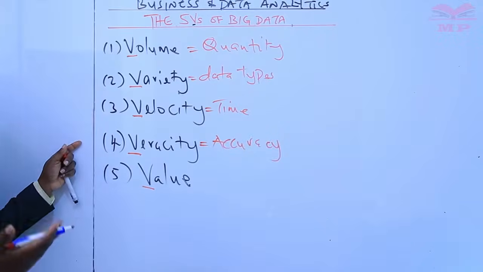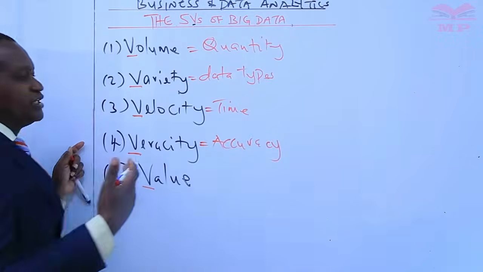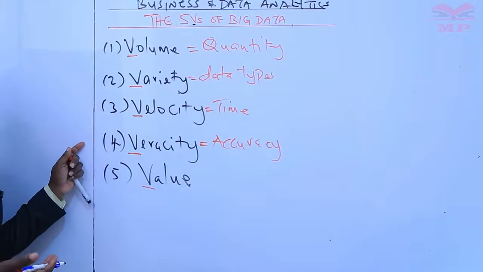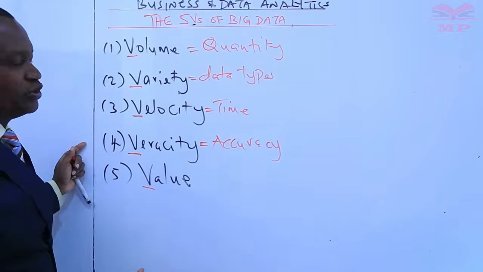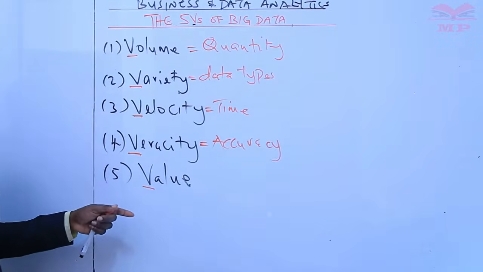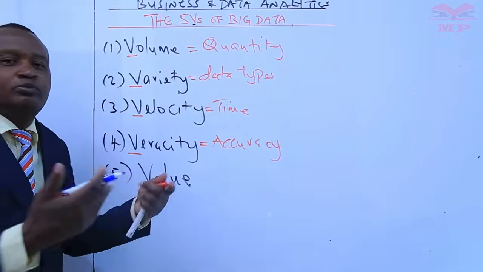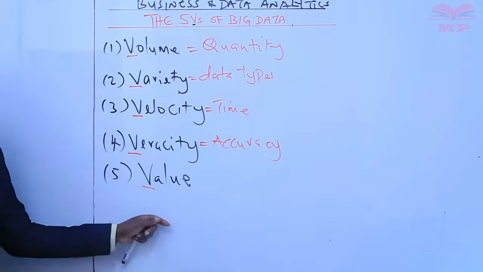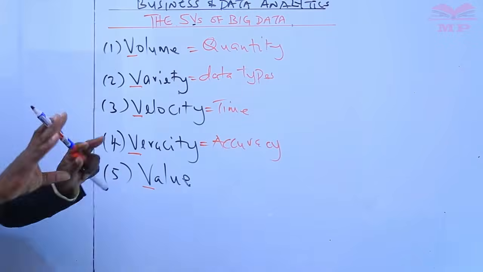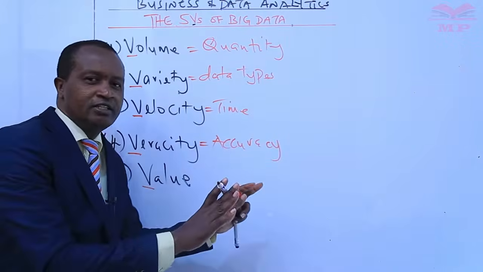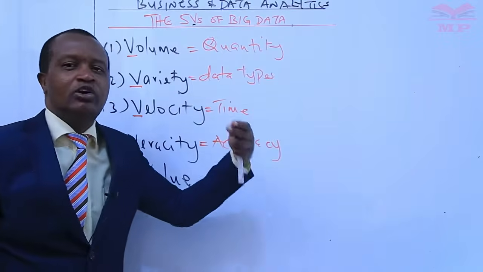So gathered data could have sometimes missing pieces. Data gathered could also be inaccurate. And it may also not be able to provide real valuable insight. So veracity refers to the level of trust that a leader has in the collected data.